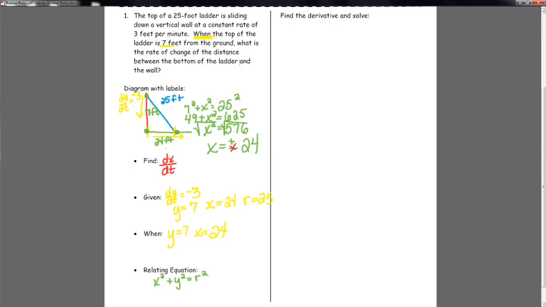My r is never going to change. I hope the length of the ladder isn't going to change. That's a little bit bizarre. So what's really changing is the height and the length, but not the ladder itself. And so my r is always going to be constant.